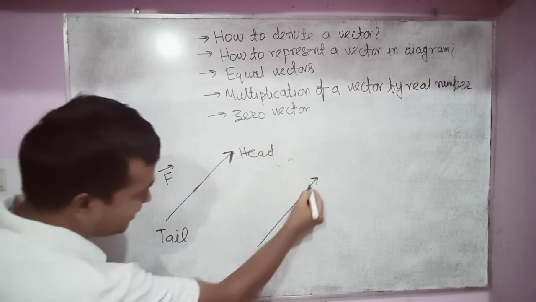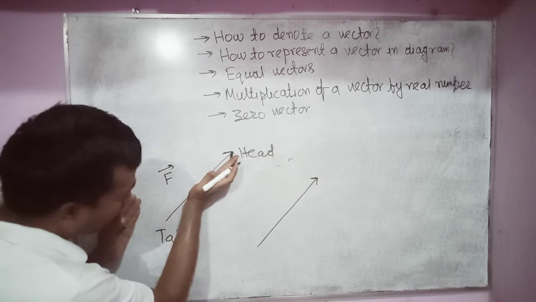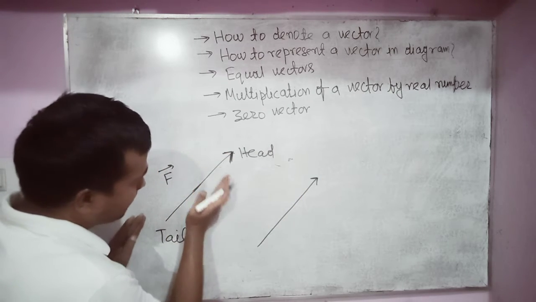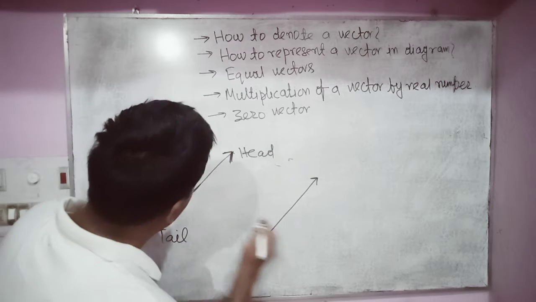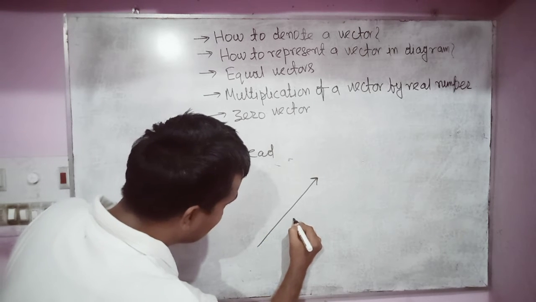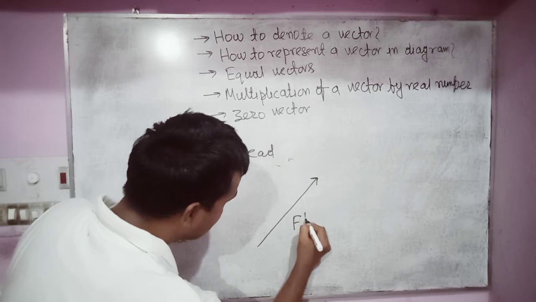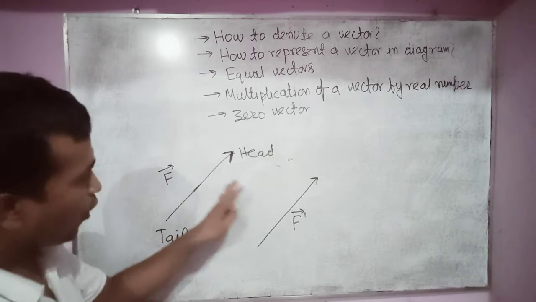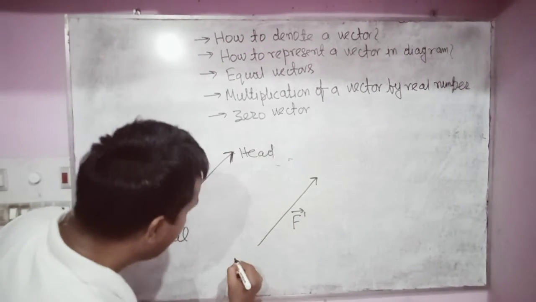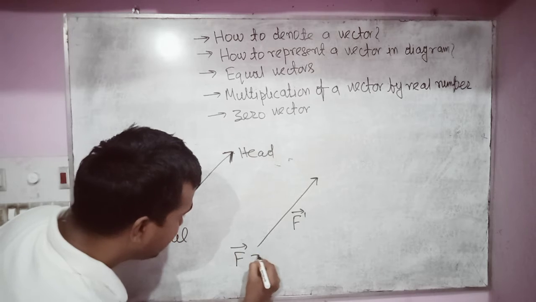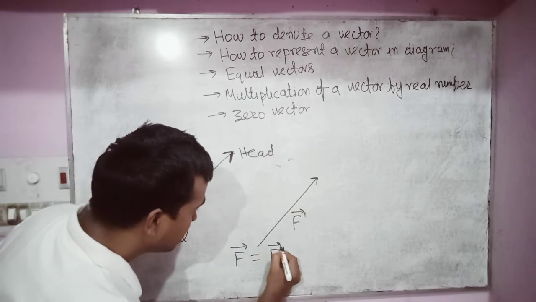See, this arrow is parallel to this arrow. Let it be F dash. So what we conclude? F is equal to F dash.